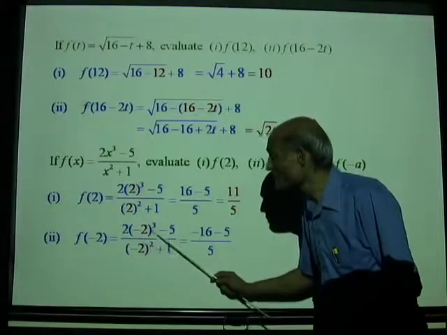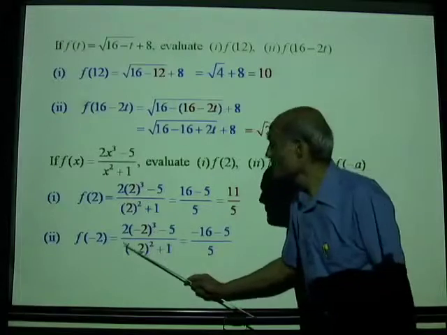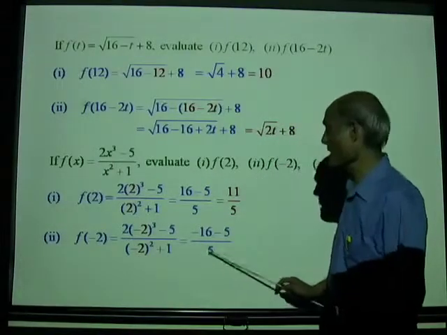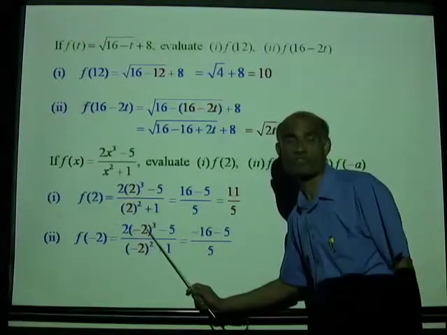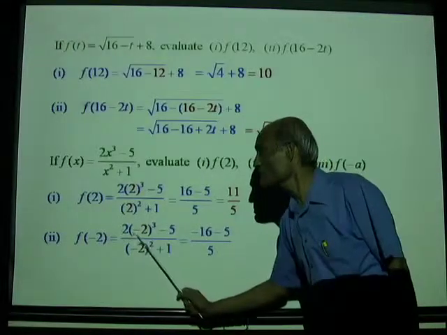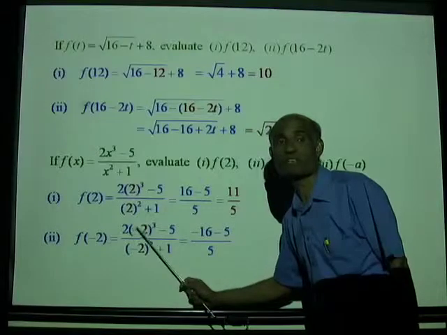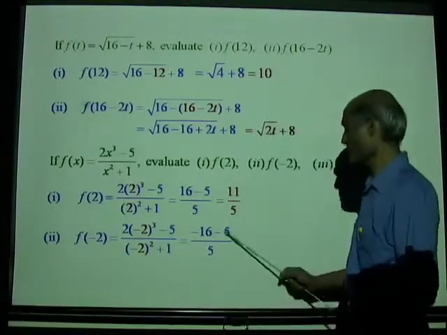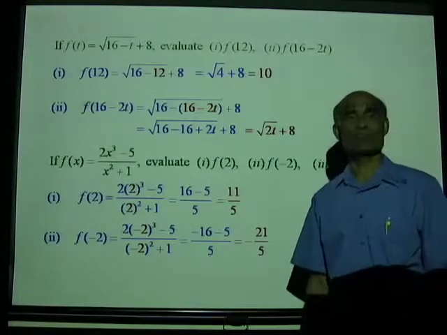That will be negative 16 minus 5 over negative 2 squared is positive 4 plus 1 is 5. I hope you're following the simplification. That should be a very simple process. Negative 2 to the power of 3 is negative 8. Negative 8 times 2 is negative 16 minus 5. And what does that give you? Negative 21 over 5.